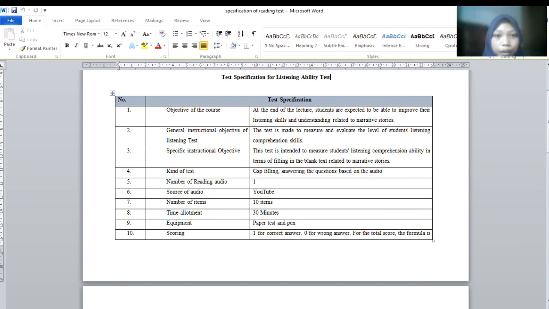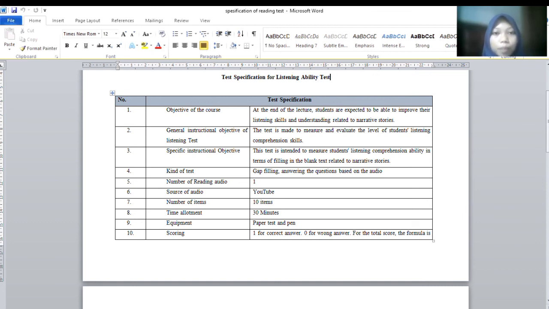And then number of reading audio is 1. Source of audio from YouTube. And the number of item is 10 items. And then time allotment 30 minutes.